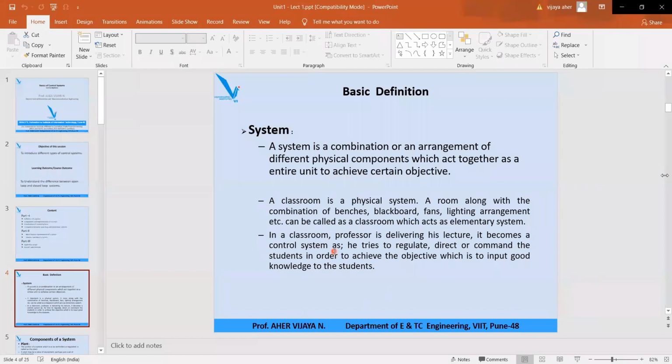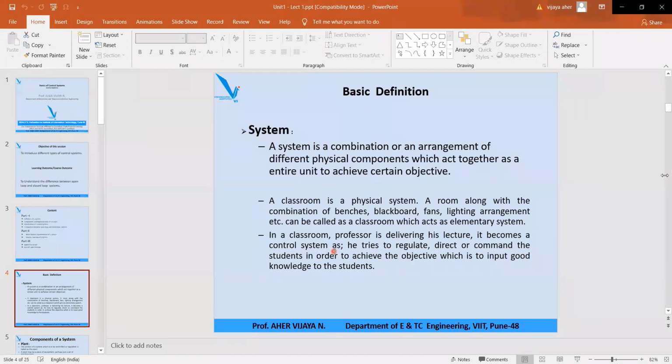Today I'm taking your lecture in online mode. I'm controlling the class and you are listening to me. This is nothing but a control system. Somebody or something controlling the system is nothing but a control system. So try to understand the meaning of the two words, control and system.